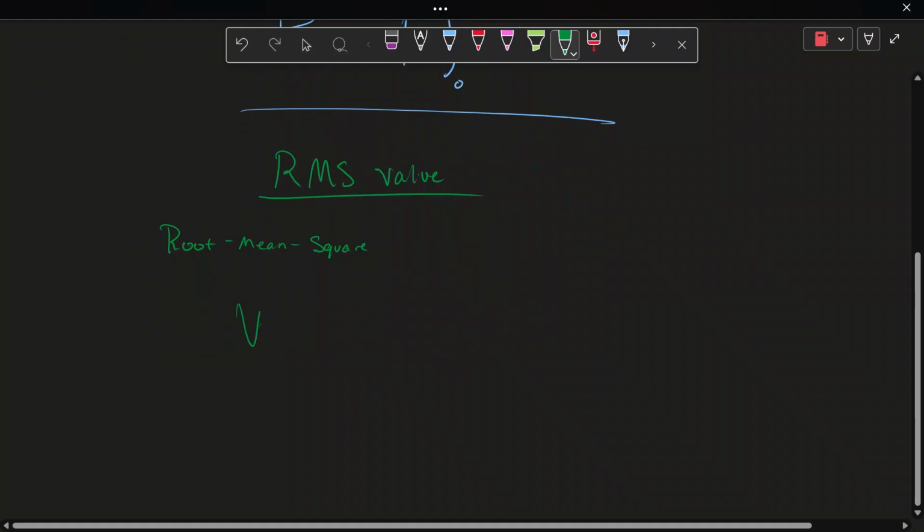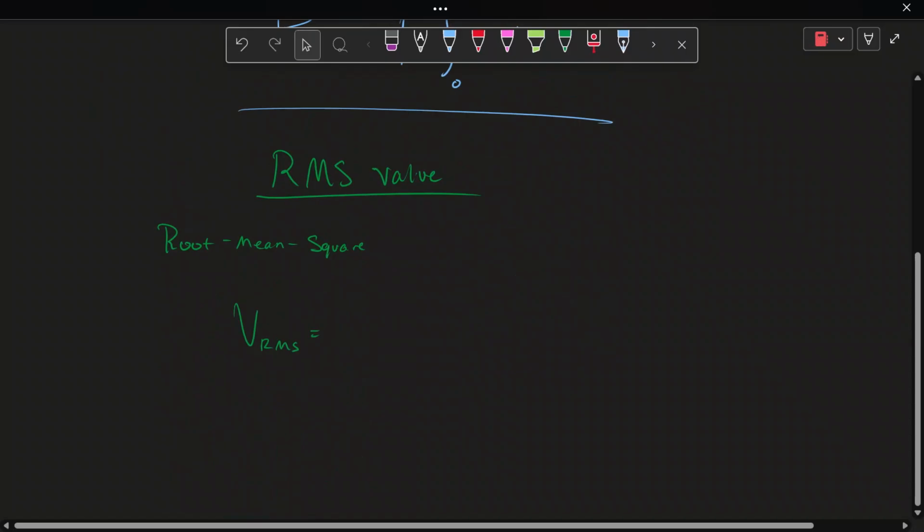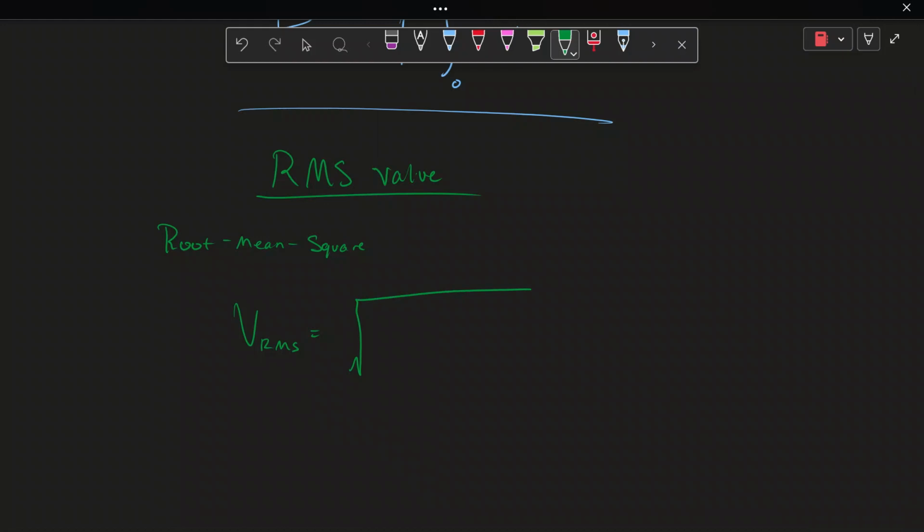It's very similar to average value. We do the root of the mean, and the mean is the same thing as average. So you do 1 over T times the integral over that period of the instantaneous voltage, and we take the square of the function inside.